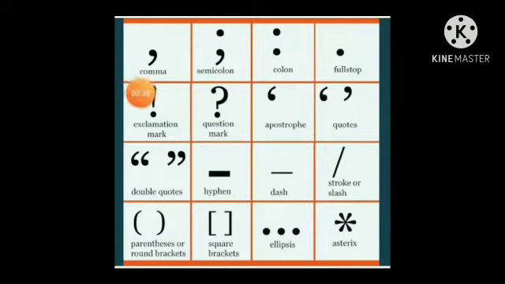I will explain them one by one: comma, semicolon, colon, full stop, exclamation mark, question mark, apostrophe, quotes, or we can say single inverted comma, double quotes, we can say double inverted comma, hyphen, dash, stroke or slash, parenthesis or round bracket, square bracket, ellipsis, and that star we can say asterisk.